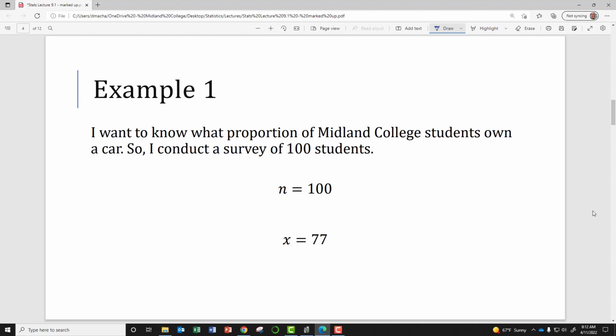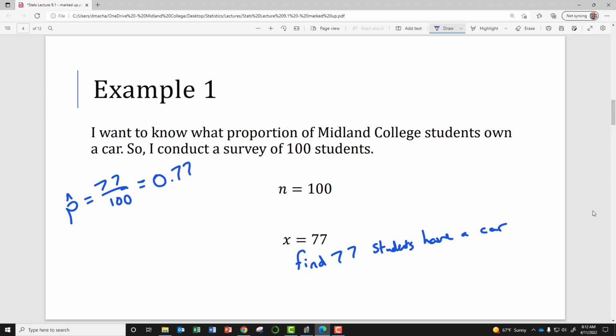X is 77, so that means I find 77 students have a car. So that would mean that my sample proportion is 77 out of 100. Remember, sample proportion is just x over n. And so this would be 0.77.